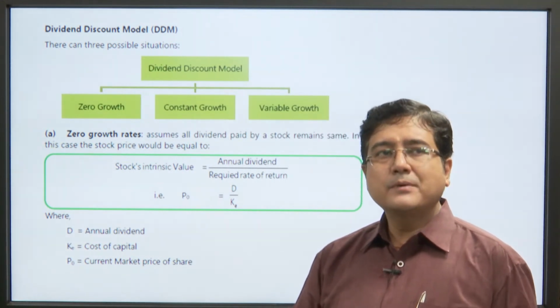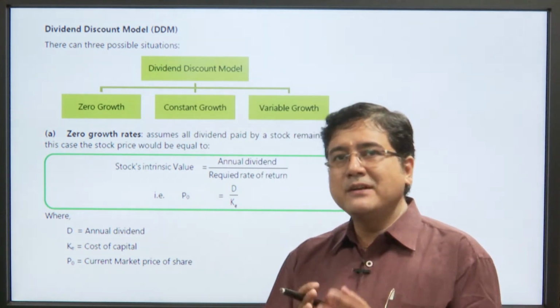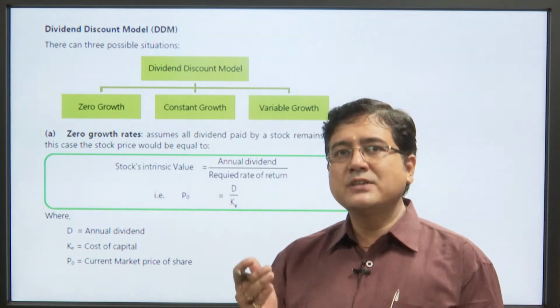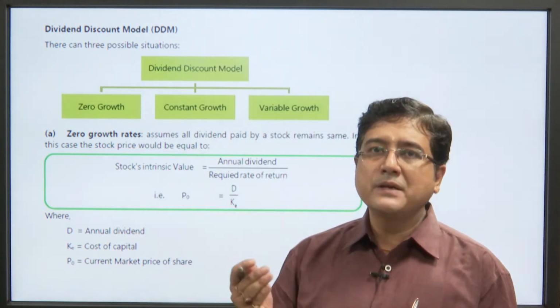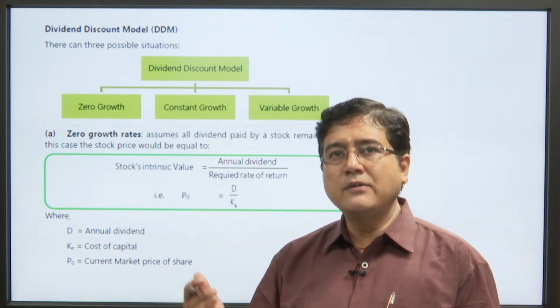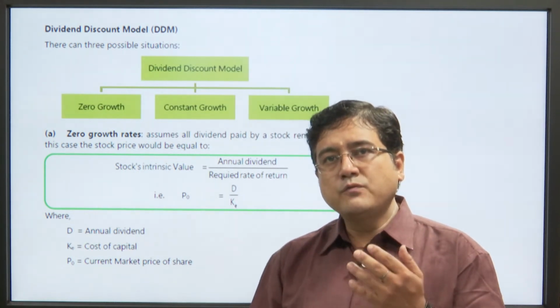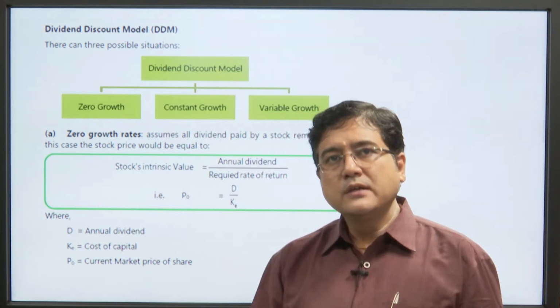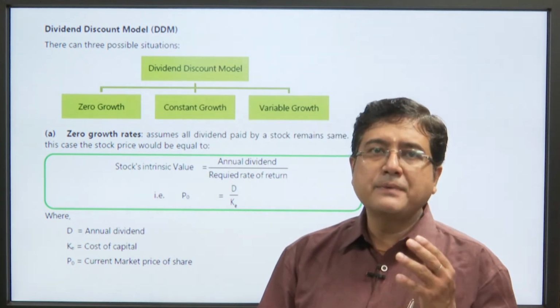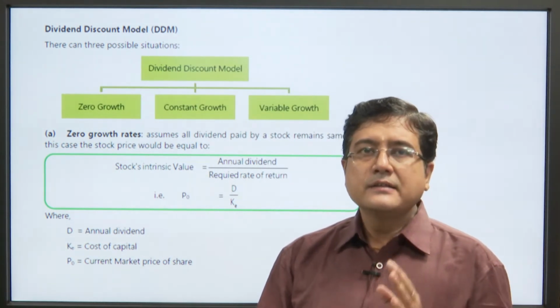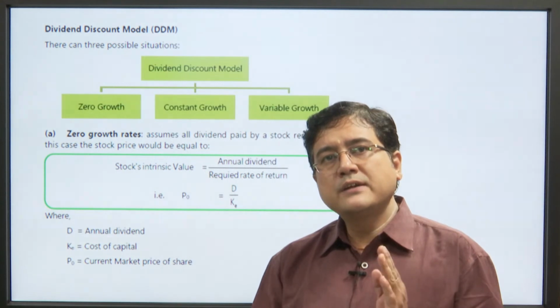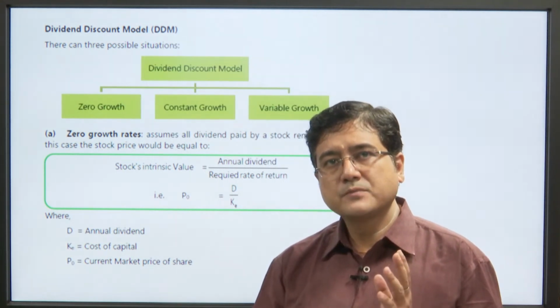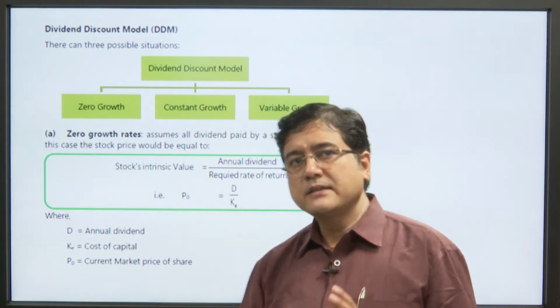Like if a company pays 10 rupees dividend per share and next year pays 11 rupees, then 11.25, this is known as growth. When an equal amount of dividend is paid every year, the zero growth rate formula is used.